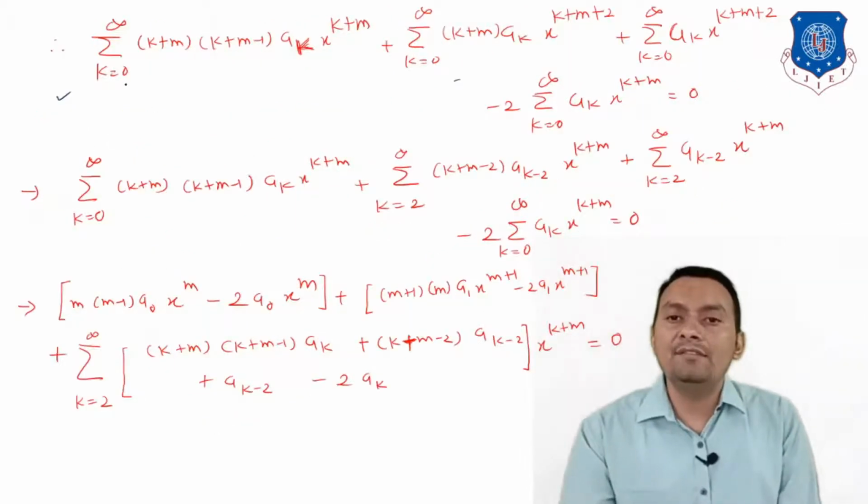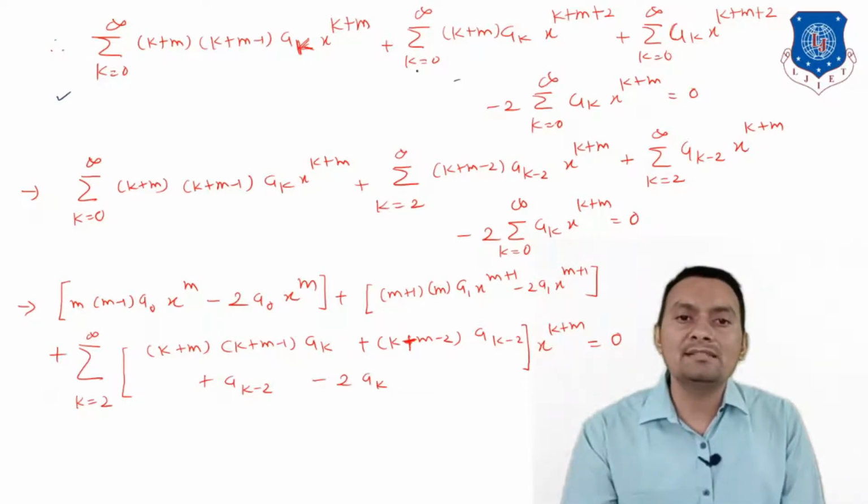After simplifying you will get summation k equal to 0 to infinity of (k plus m)(k plus m minus 1) ak x raised to k plus m, plus summation from 0 to infinity of (k plus m) ak x raised to k plus m plus 2, plus summation from 0 to infinity of ak x raised to k plus m plus 2, minus 2 times summation k equal to 0 to infinity of ak x raised to k plus m, equal to 0.